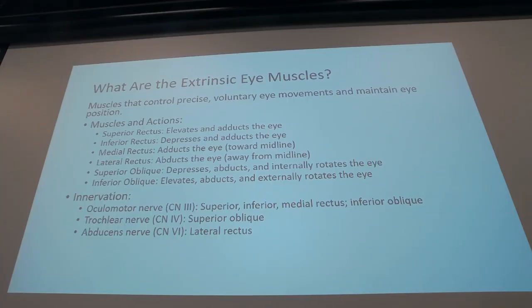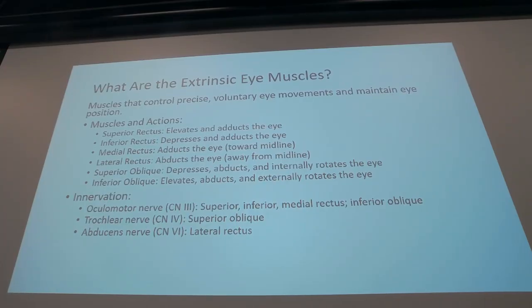This one innervates or provides function to each muscle in our eyes, with the exception of the lateral rectus and superior oblique.